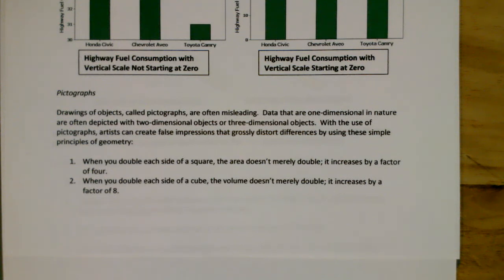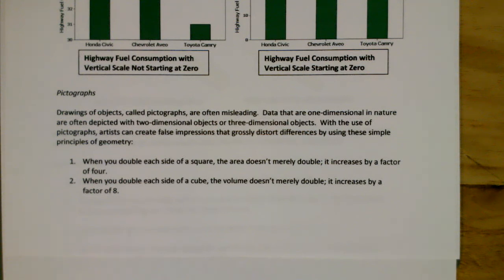With the use of pictographs, artists can create false impressions that grossly distort differences by using these simple principles of geometry. And that's this: when you double each side of a square, the area of the square doesn't merely double, it increases by a factor of 4.